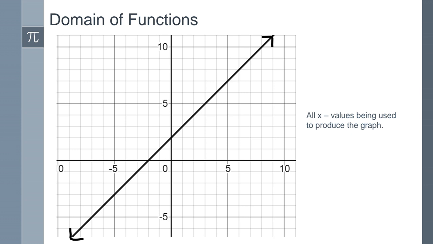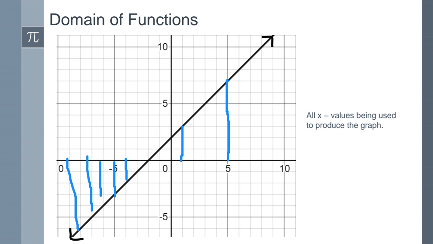For example, if I pick 5, if I go up, it's going to touch my graph. So I'm using the number 5. If I use 1, it's still being used because it helps me create the graph. If I use -5, notice that I touch my graph here. So all of these numbers are being used to create this graph.